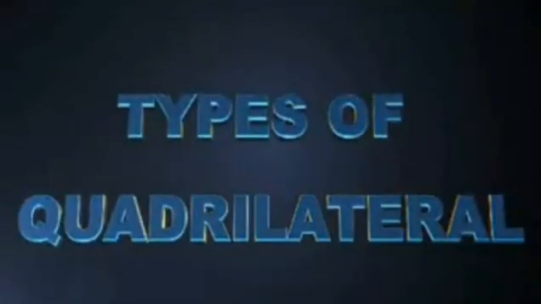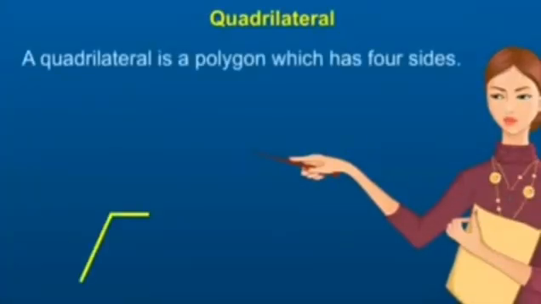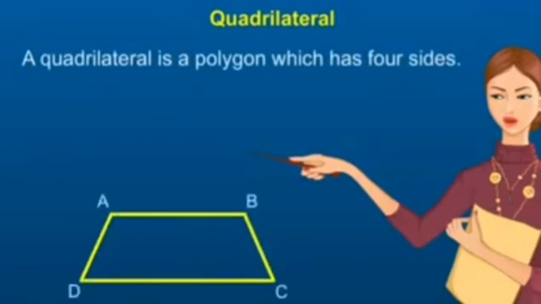Types of quadrilateral. This module gives the basic understanding of types of quadrilateral. A quadrilateral is a polygon which has 4 sides. Adjacent sides: 2 sides of a quadrilateral which have a common endpoint are called its adjacent sides.